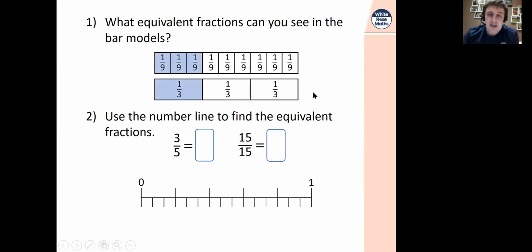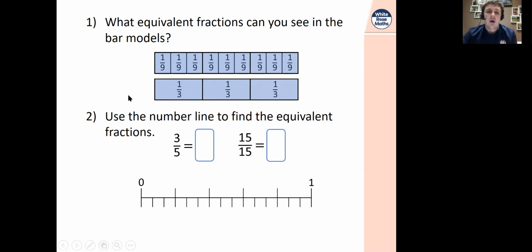Well, if I was to shade in that much, that would be 3 ninths and 1/3. So 3 ninths is equivalent to 1/3. If I shaded in all of this, I've got 1, 2, 3, 4, 5, 6. 6 ninths is equivalent to 2/3. All the way across, I'd have 9 ninths is equivalent to 3/3.